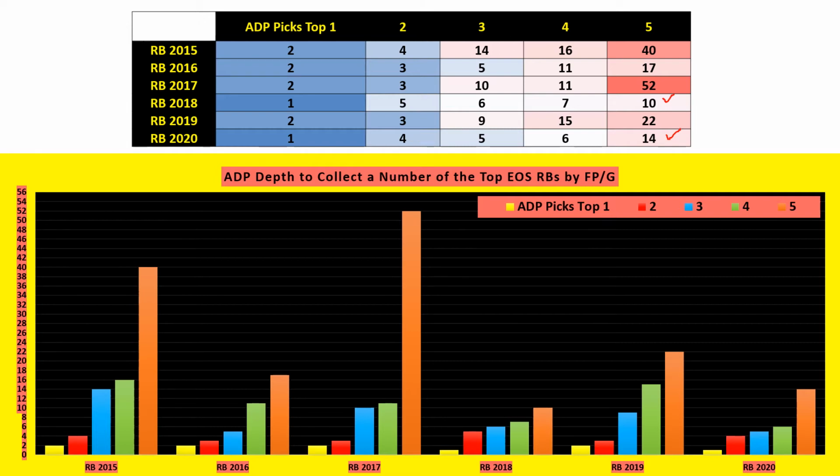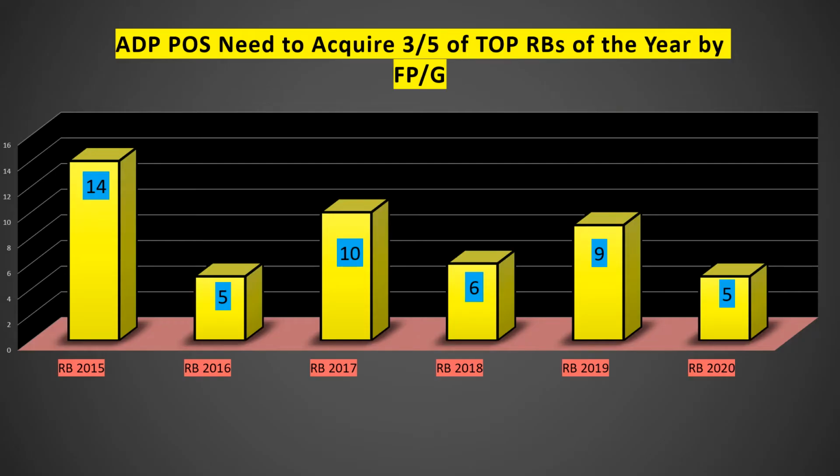So, it can be quite daunting to pick that diamond in the rough, regardless of what people would have you believe, that it's easy to collect that, and it's really not. So I like this. And so another way is a mental exercise. ADP position necessary to acquire 3 of the top 5.